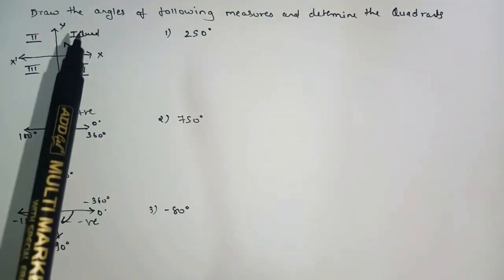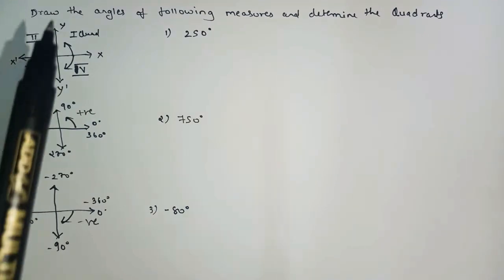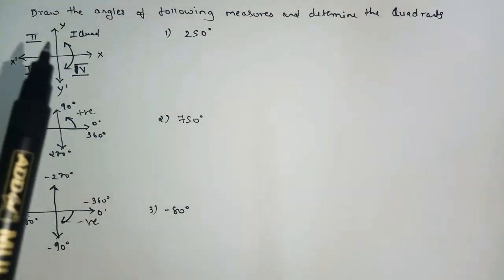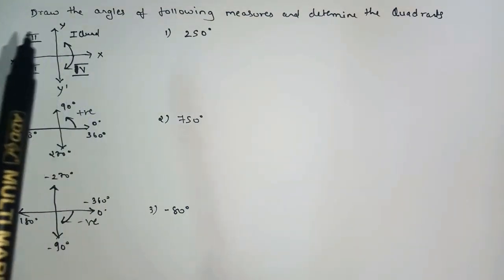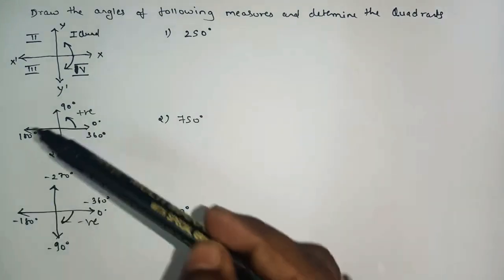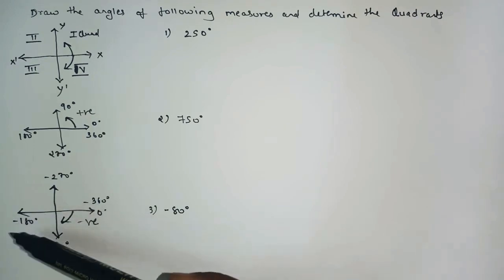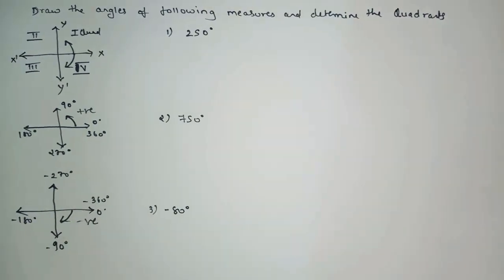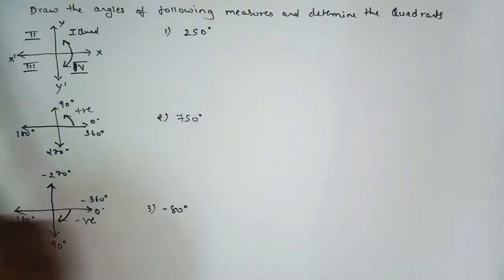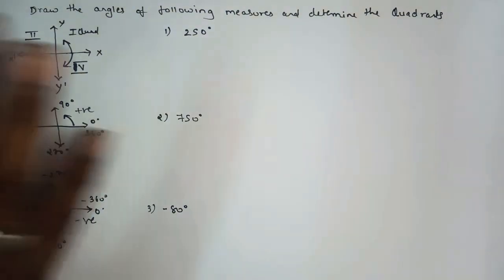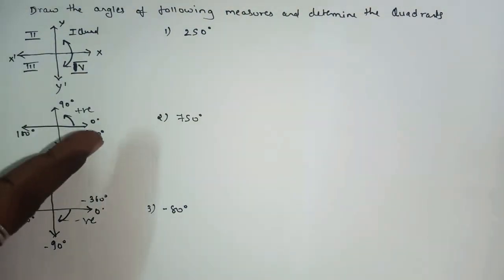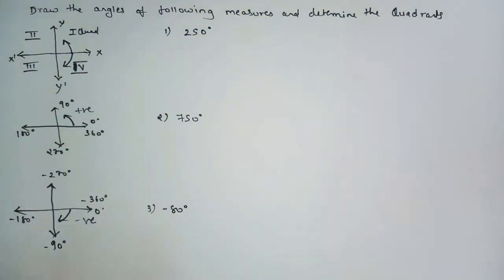This position of first quadrant will be first only, second quadrant will be second, third quadrant will be third, and the fourth quadrant will be fourth. So for this is the first, second, third, fourth, and for this also first, second, third and fourth. Okay, so the position of the quadrant never changes whether the angle moves in anti-clockwise direction or clockwise direction.